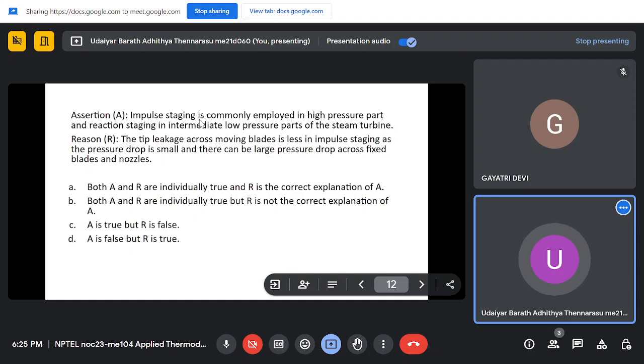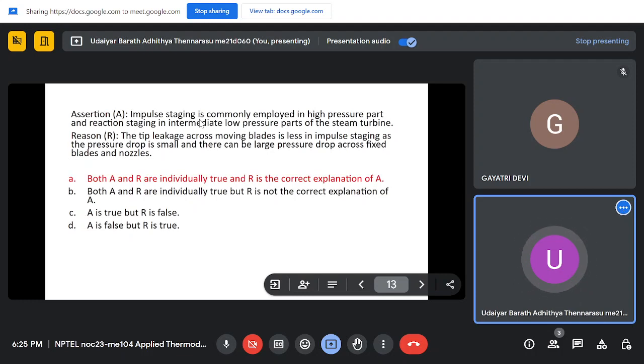So for this case, A and R are both true, and R is the reason for having impulse staging at the high pressure part and reaction staging at the intermediate and low pressure part.